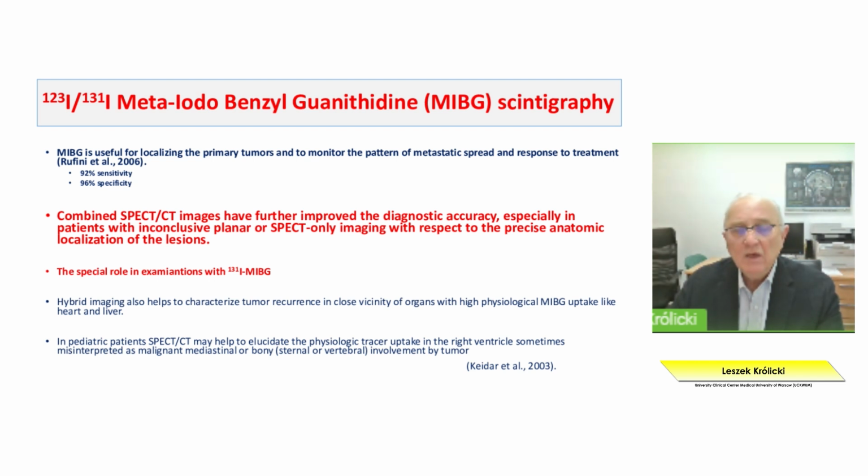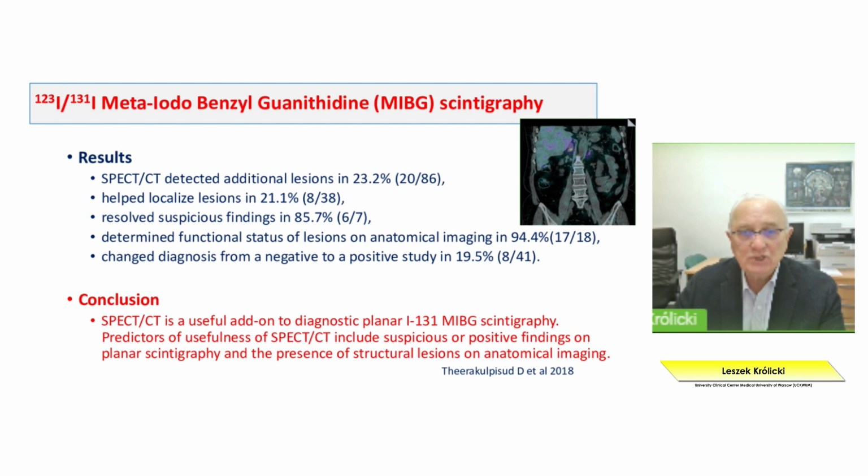Another example is the use of meta-iodobenzylguanidine scintigraphy. And here I have in mind some specific diseases that occur in children. Actually, in 2003, at the very start of use of SPECT-CT, it was shown that in pediatric patients, it helped to elucidate physiologic tracer uptake in the right ventricle, which was sometimes misinterpreted.